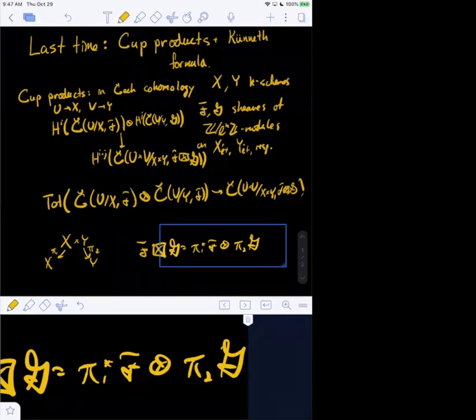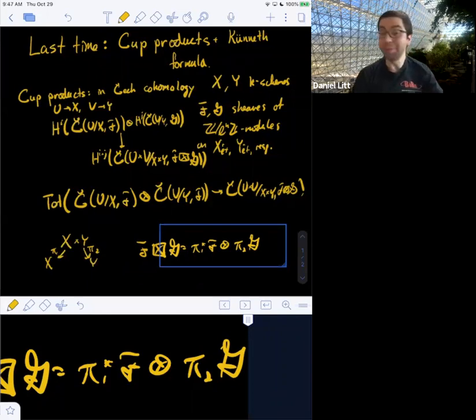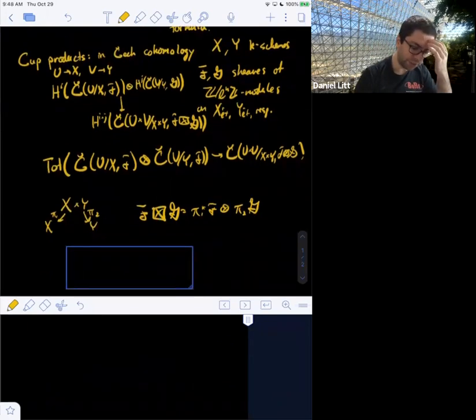Right, so the most important example maybe is where F and G are the constant sheaves Z/l^n Z, and when you box tensor them together, you get the constant sheaf Z/l^n Z. Okay, so what is this product?